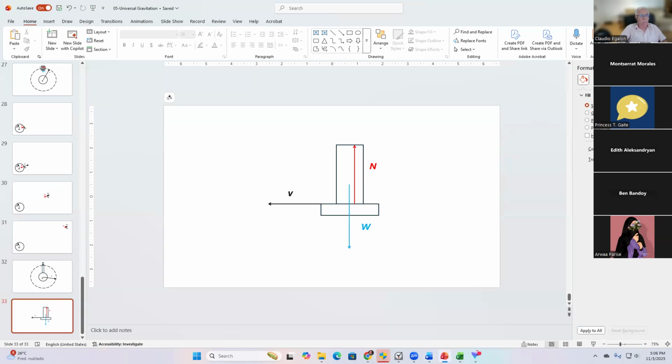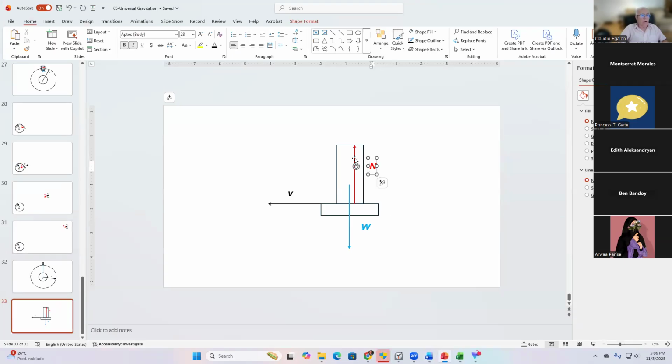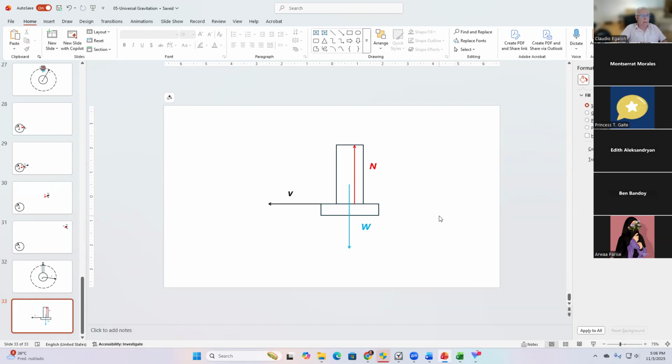Here you go. Here's the orbit, here's the velocity, right? So what we want to do is calculate the normal force, apply it to our test subjects. That is going to tell you the apparent weight of our test subject. Okay?